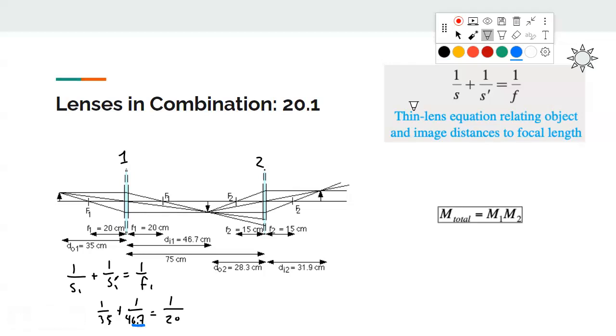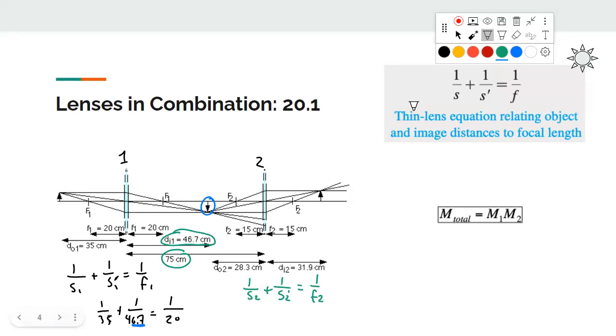So this is what we would generally be solving for. And that's where this line is on the diagram. So that's the image from the first lens. Now we look at lens 2, and so we have to say 1 over S2 plus 1 over S2 prime equals 1 over F2. And in order to get S2, we have the separation between the lenses, that's 75 centimeters, and we found the image from the previous bit of work with the thin lens equation.